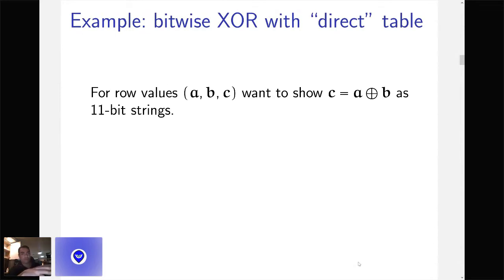In SNARKs or STARKs, the operations we can do natively, efficiently, are these field operations. But bitwise XOR is not very SNARK friendly, because if you have a huge prime field, looking at the bit decomposition of elements and seeing if one element is the bitwise XOR of others is not something you can do with few low degree equations. You need to do all these bit decompositions and so forth.